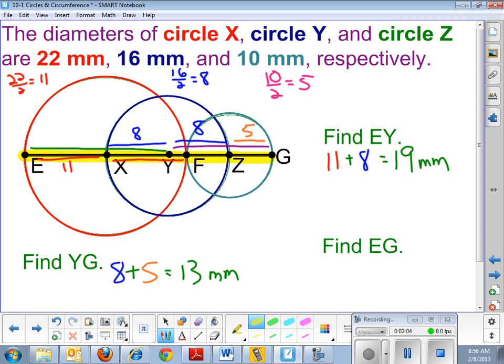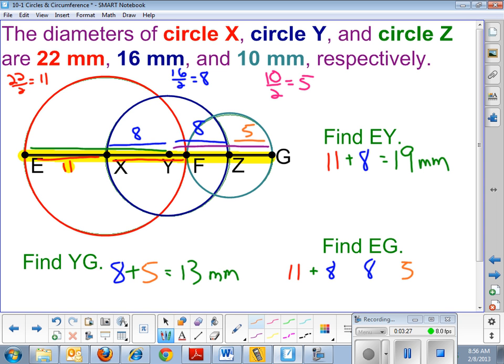Now I look at this and go, well, I know the 11 part, and then from there it goes to 8, and then from there it's to 8, and then it's to 5. So I can just take those four numbers, add them all together, and I should have it. So I have the 11, the 8, the 8, and the 5.